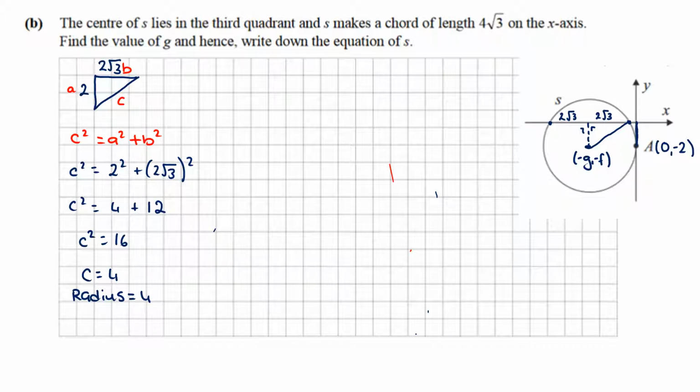So I'm going to show that on the diagram here in red. So that there is r. That tells me where on the x-axis that center point will lie. So here, minus g will be minus 4 because it is on the negative side of the x-axis. Therefore, g equals 4.